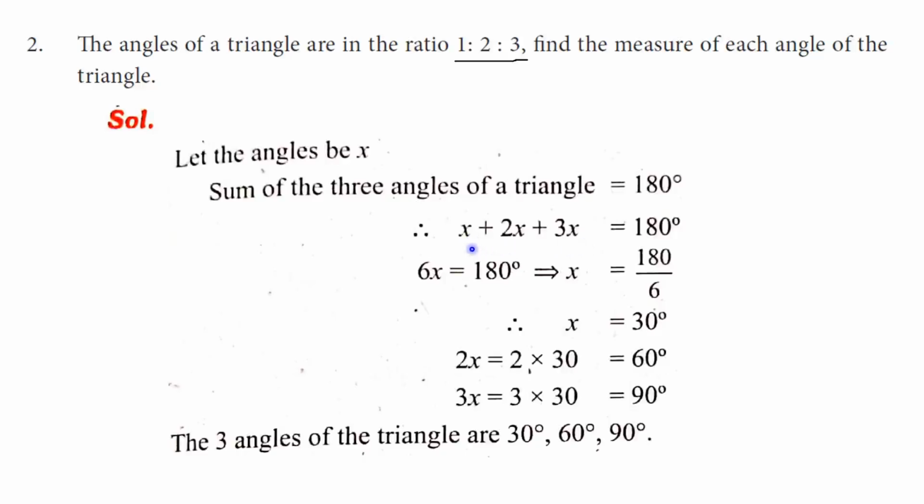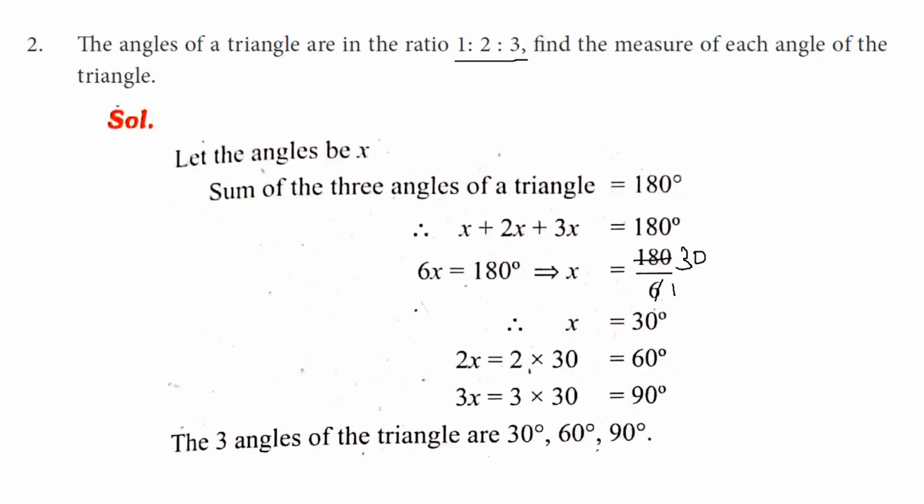Yes, 6x. So 6x is 180 degrees, which implies x equals 180 degrees divided by 6. So the x value is 30 degrees. If you cancel this, we will get this. By cancelling this by six, we get the answer as 30 here. It is for one time.